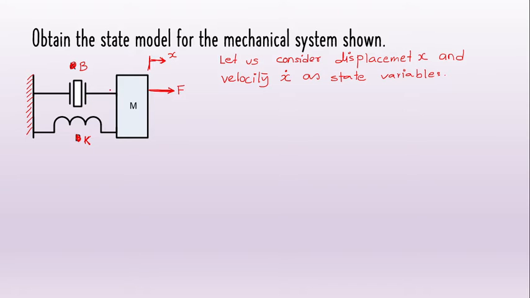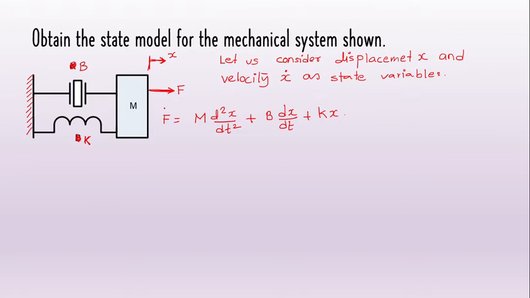Now, if I want to write the dynamical equation of the system from D'Alembert's principle, we can write that the force F will be nullified by the inertia force, that is M d2x by dt square, the damping force, that is B into dx by dt, and the spring force, that is K into x.